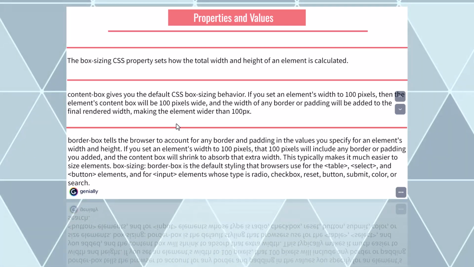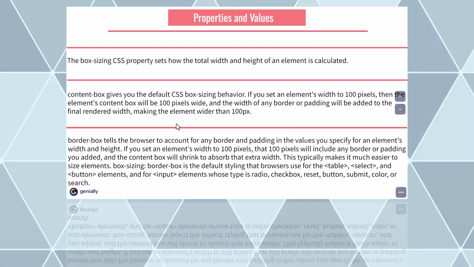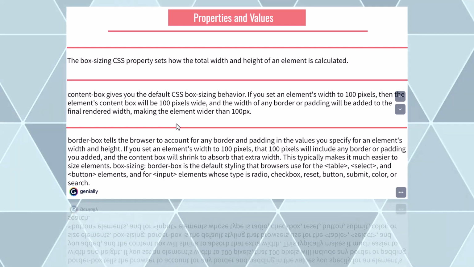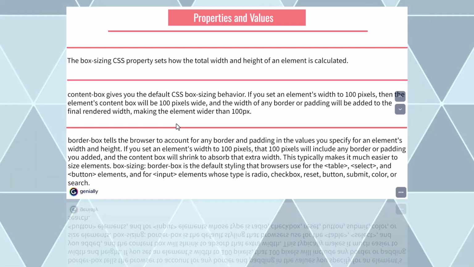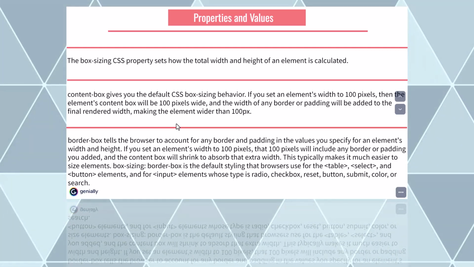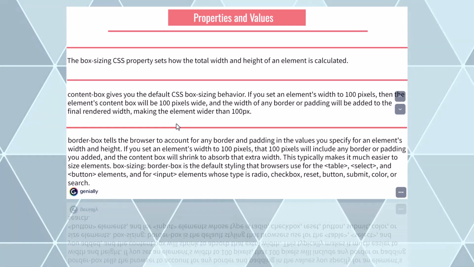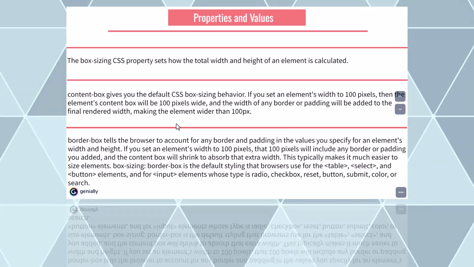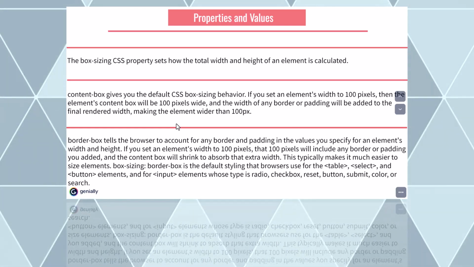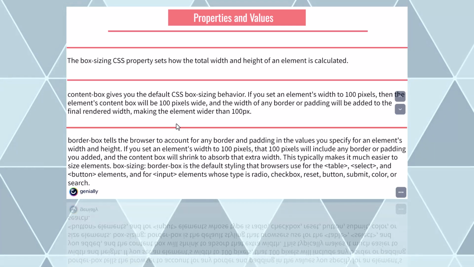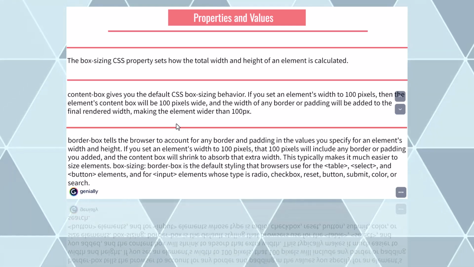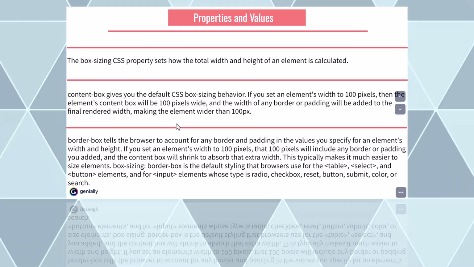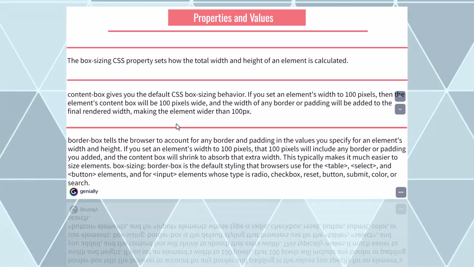This technically makes it much easier to size elements. Box sizing, border box, is the default styling that browsers use for the table, select, and button elements, and for input elements whose type is radio, checkbox, reset, button, submit, color, or search. What do you make out of it?